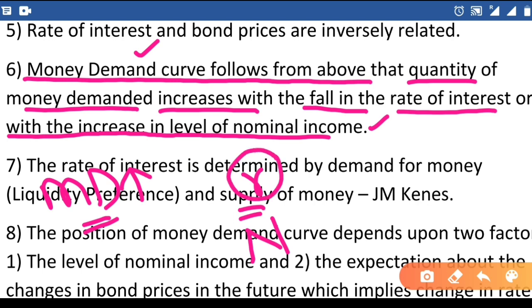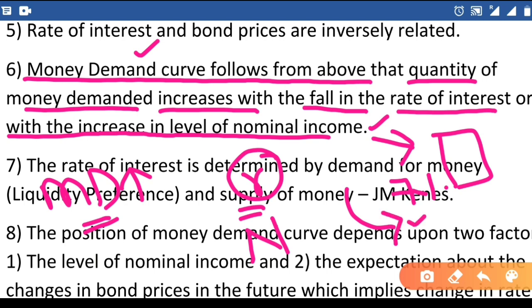For example, there is a bank. If this bank is giving a 7% loan, what will customers do? They will try to borrow more money from the bank. If this bank gives loans at 20% interest, what will customers do? They will not borrow money from the bank. That's why if the rate of interest decreases, there is a higher demand for money.